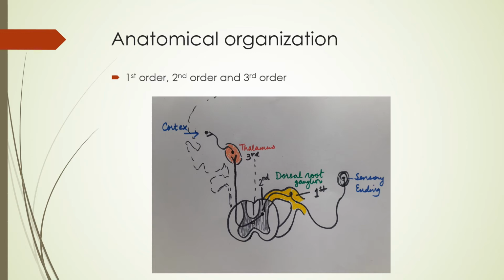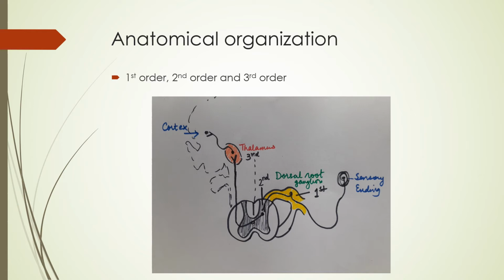So the opposite half of the body is being controlled by the other half of the brain. The right side is controlled by the left side of the brain. This is what the mechanism shows here. The fibers cross, they ascend, and their third order neuron lies somewhere within the brain. Here it is the nucleus of the thalamus, which becomes the third order neuron for the specific tract.